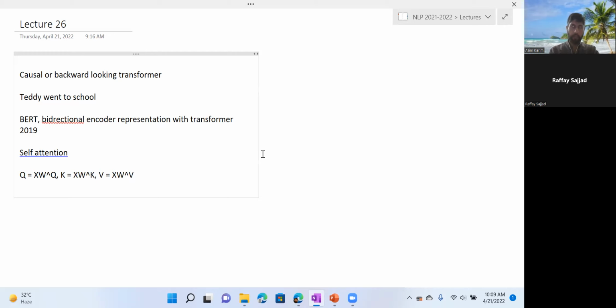The input dimension, of course, is D, which is the embedding length. The output dimension may be different, which we can say is D_K. And similarly, the output dimension for V, the value vector, may also be different, and we denote it with D_V. But of course, you can keep it the same as the input embedding size as well. So these are the various roles.